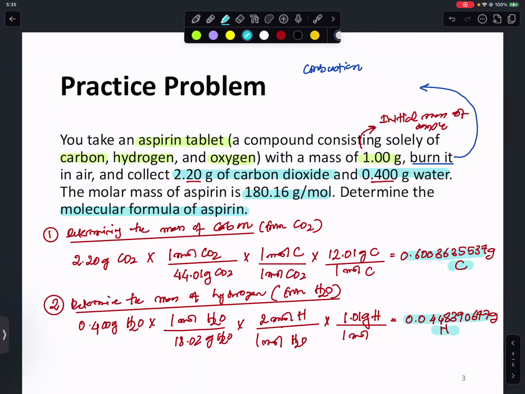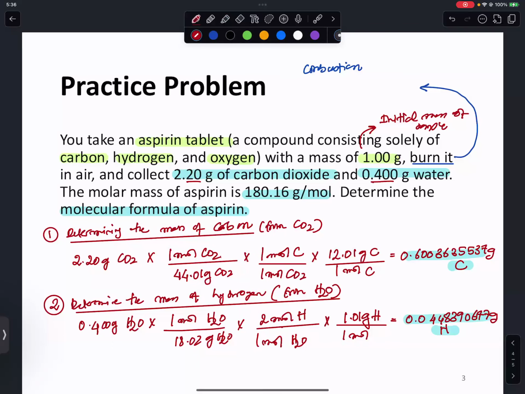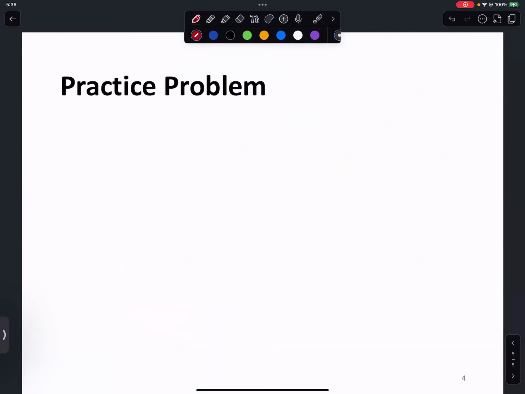So now I determined the mass of carbon, and I determined the mass of hydrogen. Now note that oxygen requires a little bit of work because oxygen is present in both carbon dioxide and water. So the way to get over this is to take the initial mass of the sample. Let me go to the previous slide. The initial mass of the sample, and I told you we're going to use this, is the 1.00 gram. And I will subtract from the 1 gram the combined masses of both the hydrogen and the carbon.